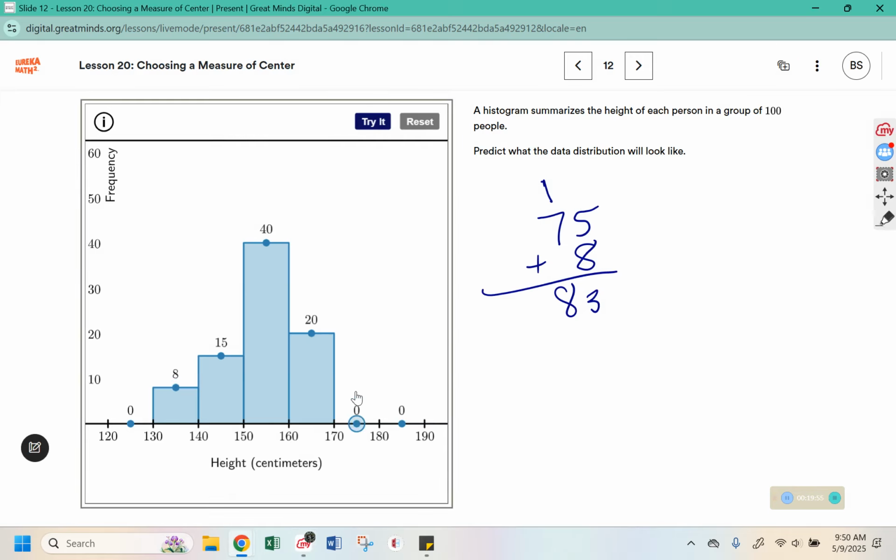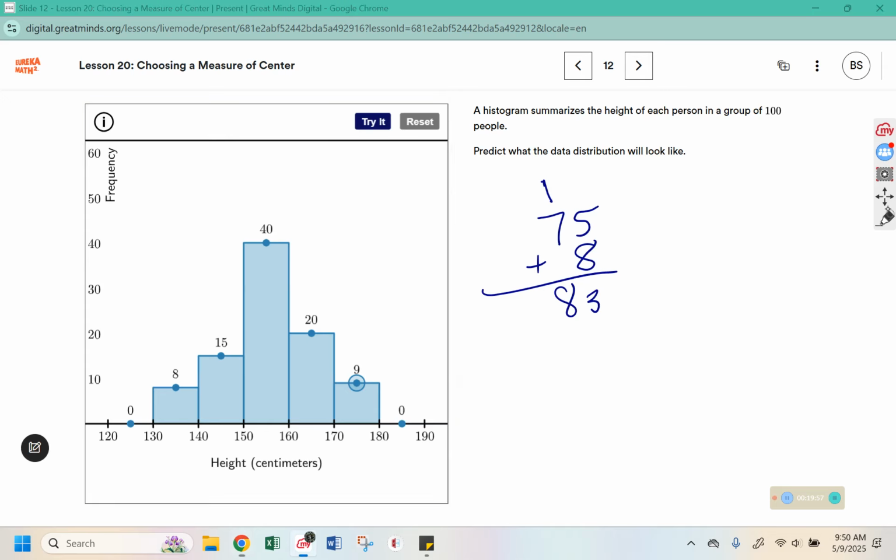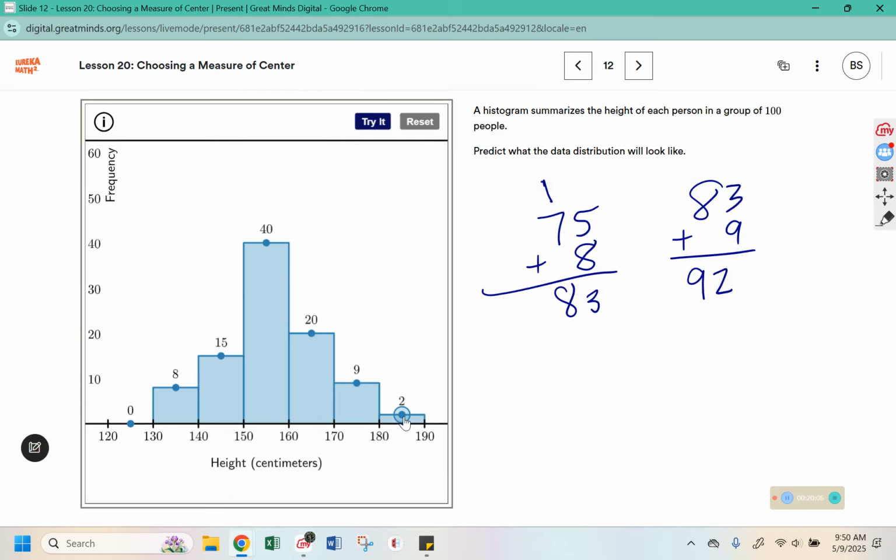Let's add some over here. 83 plus 9 puts us at 92. So we need 8 more. 5 and 3 make 8.